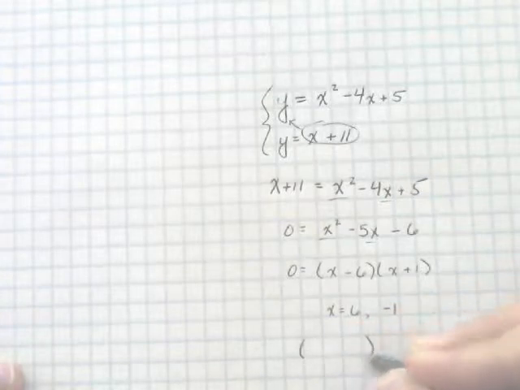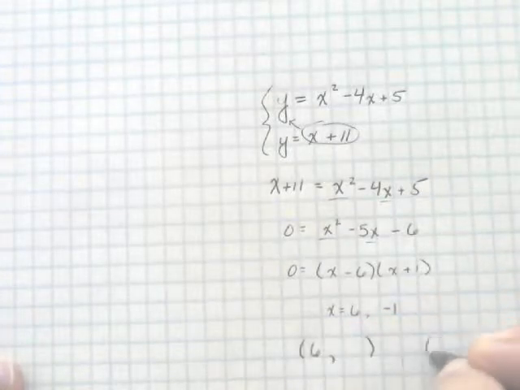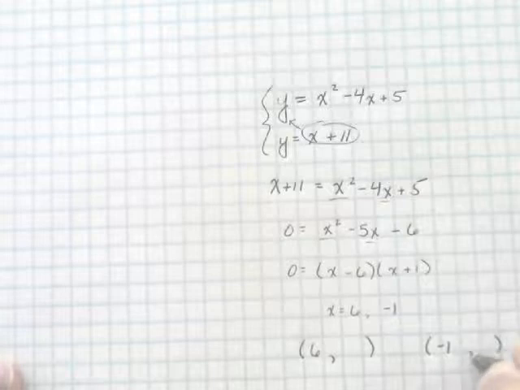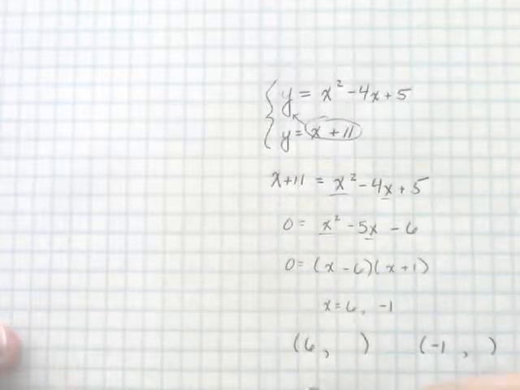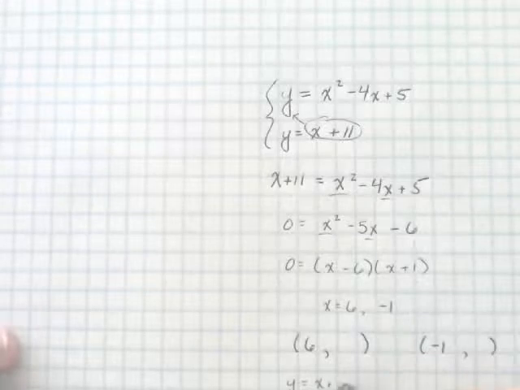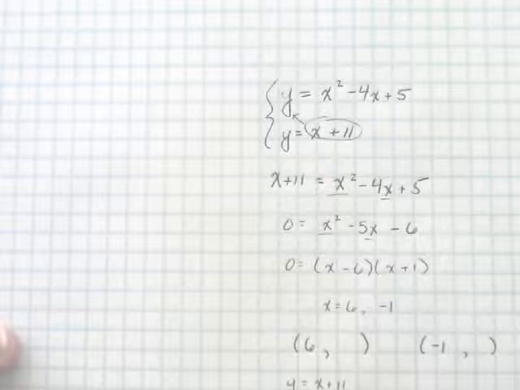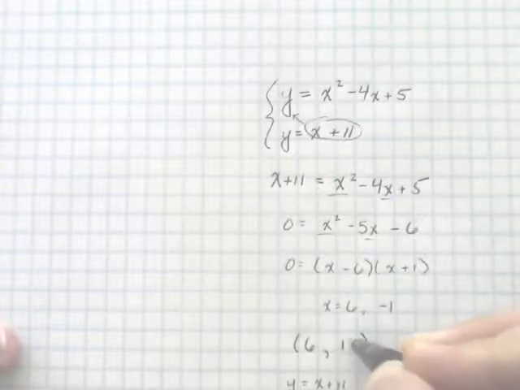Those are the x values of my coordinates when I write them. But I still have to find my y values. If I look up at the two equations from the beginning, I could pick either of those equations. I'll pick the easier one and replace the x with the number, and that gives me my y.